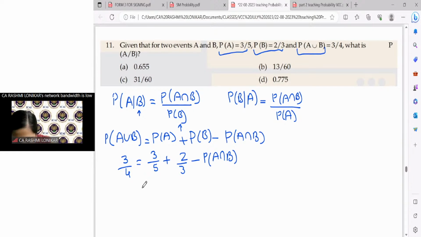Can I have the LCM? What is the LCM of 5, 3, 4?